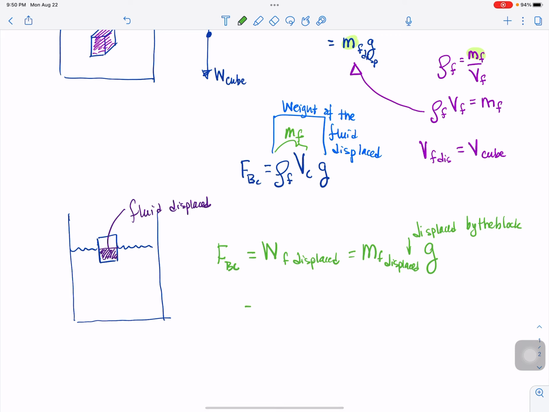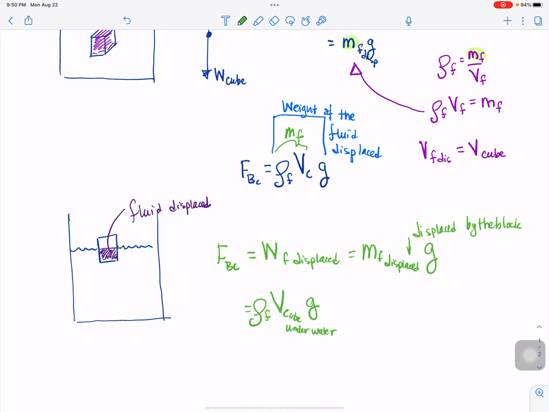So we're going to go back to our formula. So this is going to be the density of the fluid, and this is times the volume, and we're just going to say of the cube or object underwater, because that is the volume that is displaced. If you have a sphere, then it will be the sphere. Usually I just use generic object, and then times g. Okay, so what is the cube underwater going to be?